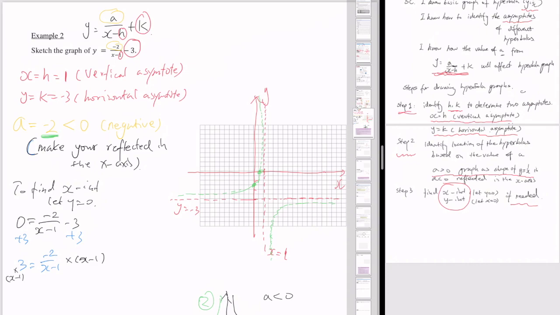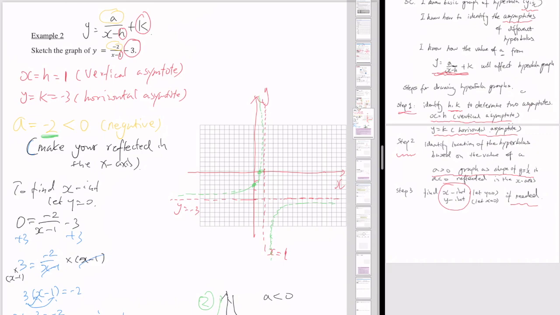So x minus 1 cancels out, giving 3 times x minus 1 equals negative 2. Expand the bracket, that gives 3x minus 3 equals negative 2, and solving, x will be equal to negative 1 over 3. Therefore my x-intercept will be negative 1 over 3, 0.